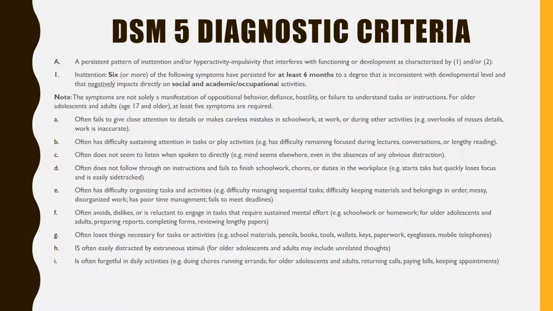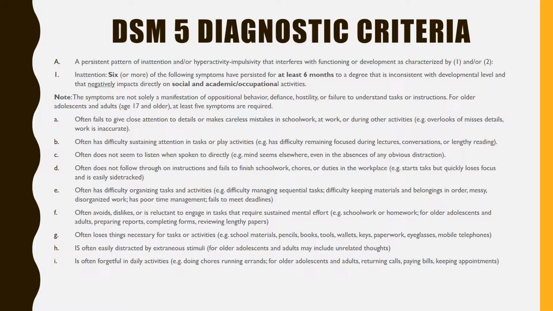So if you look down the list from A through I, those list the symptoms that have to have persisted for at least 6 months. Most of them are about not being able to pay close attention to details, difficulty sustaining attention, not seeming to listen when spoken to directly. Kids will often have a really hard time following through on instructions.